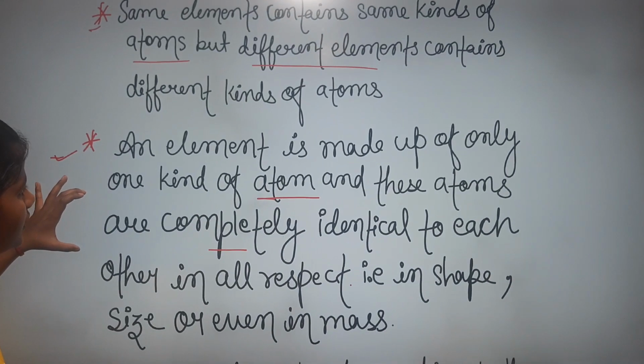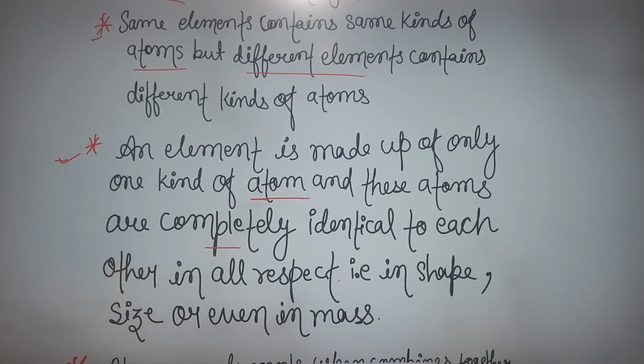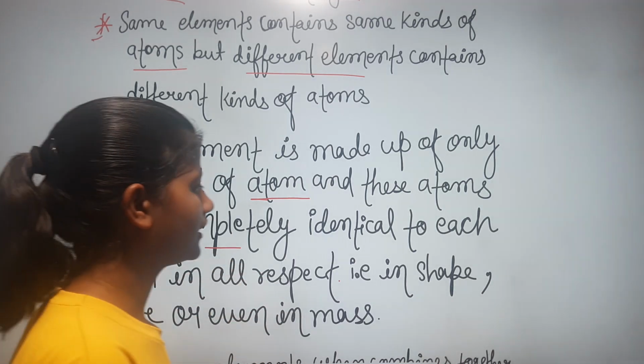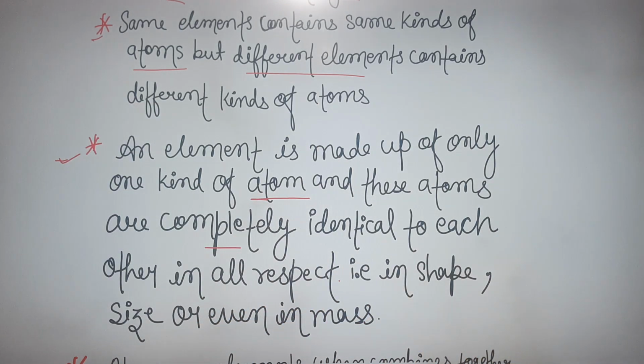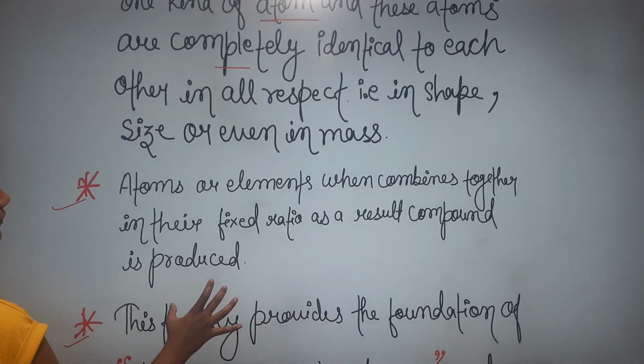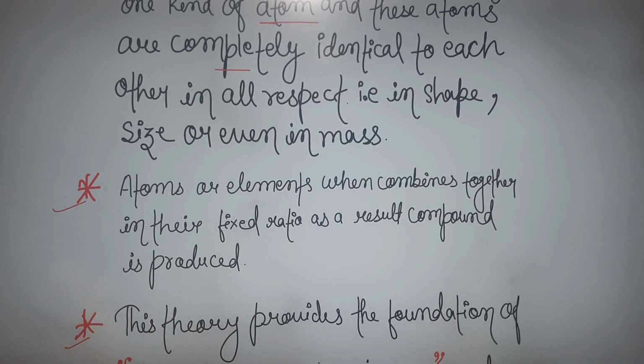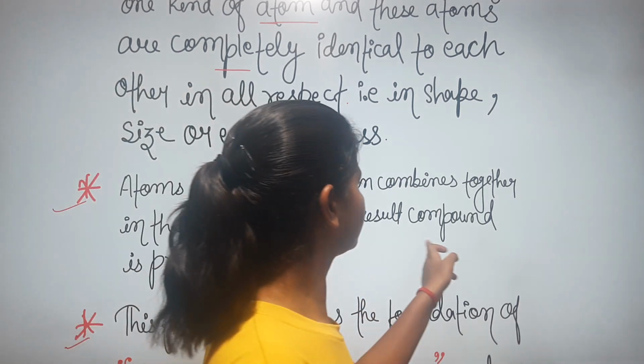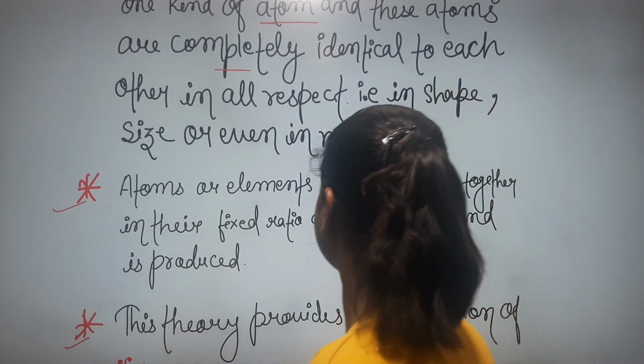Fourth, an element is made up of only one kind of atom, and these atoms are completely identical to each other, that is, in shape, size, or even in their masses. Fifth, when atoms or elements combine together in their fixed ratio, they produce a compound.